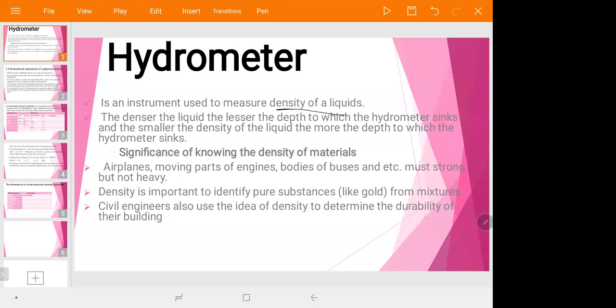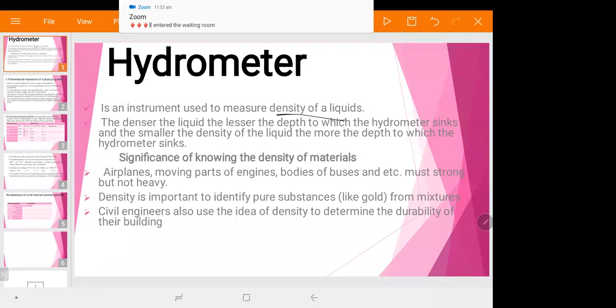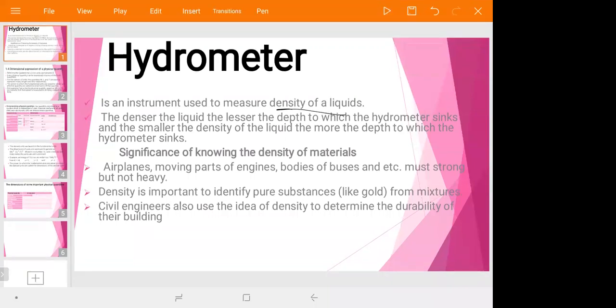For example, if you want to check how dense milk is, the depth to which the hydrometer sinks is smaller in a denser liquid. And the smaller the density of the liquid, the more depth the hydrometer sinks, vice versa.